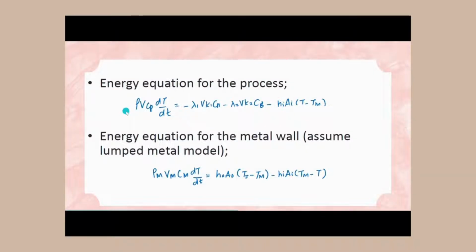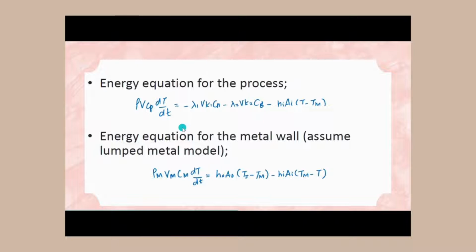For the energy equation for the process, the equation is rho V Cp dT over dt equals negative lambda 1 V K1 Ca minus lambda 2 V K2 Cb minus Hi Ai in bracket T minus Tm, T metal.